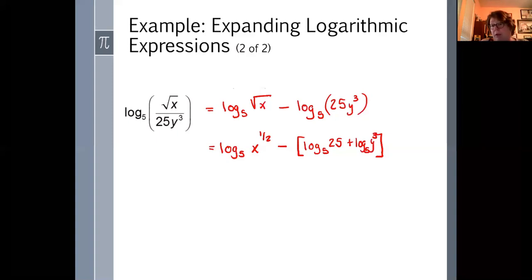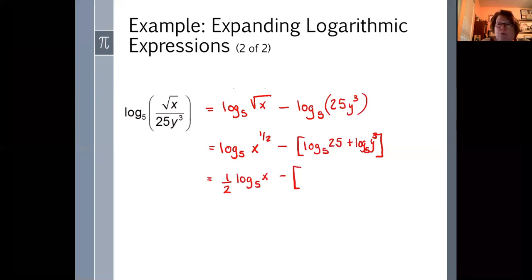Now I can do a little bit more. I can bring the 1/2 out, that exponent out of the logarithm and make it a factor. I'm going to leave this in brackets for now. The log base 5 of 25 actually has an integer value.